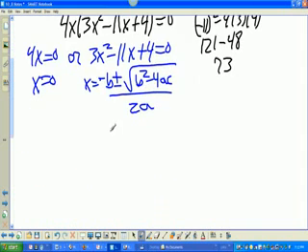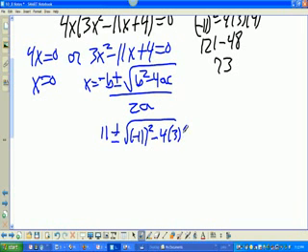And so now let's substitute what we know. B is negative 11, so the 11 plus or minus the square root of negative 11 squared minus 4 times 3 times 4 all over 2 times 3.